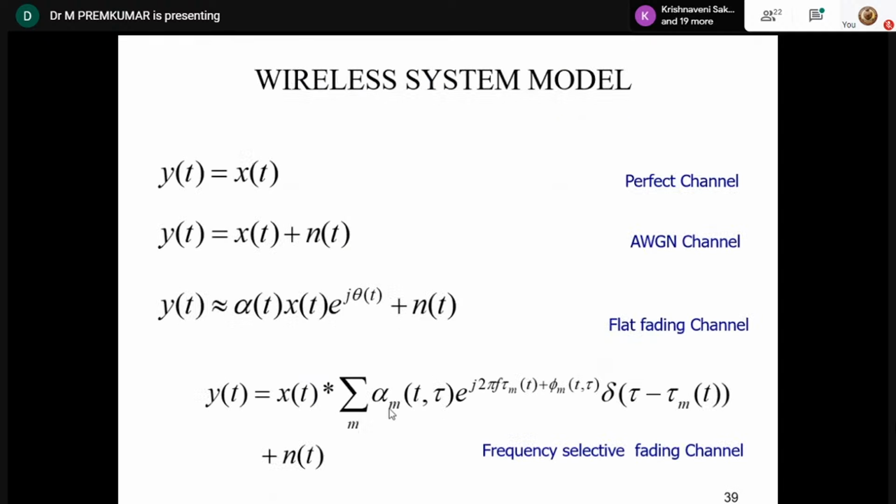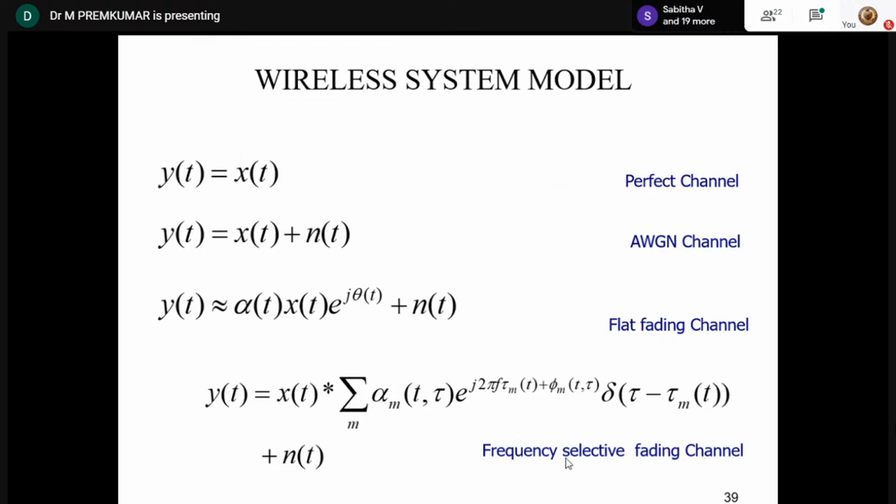Now the wireless system model. If you want to do some programming on the backend side, the channel can be either a flat fading channel or a frequency selective fading channel. A flat fading channel is represented as alpha of t into e power j theta of t, where alpha of t is the magnitude response and e power j theta of t is the phase response.